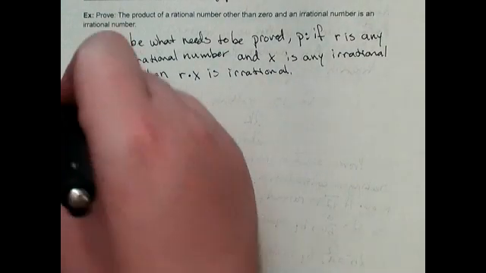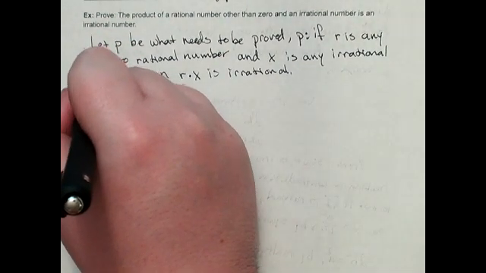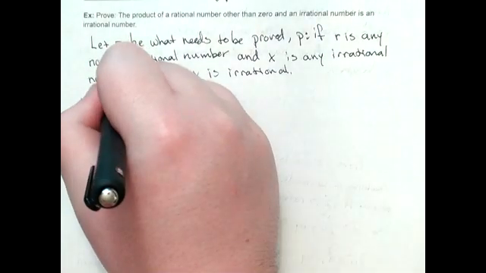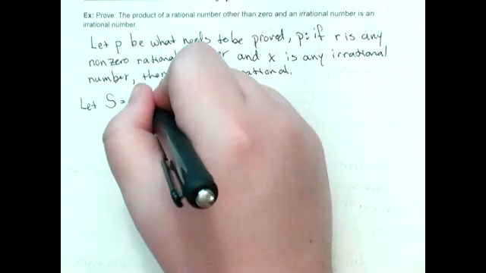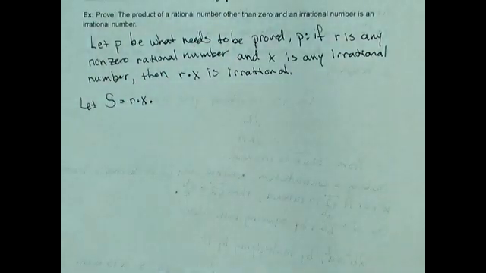Now, I am also going to say we're going to let the variable s equal r times x. I'm going to do this as an indirect proof. So I'm going to do this by contradiction again. I think a direct proof is going to be a little difficult. If I can show that r times x can't be rational, then it has to be irrational.